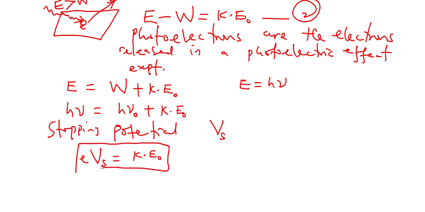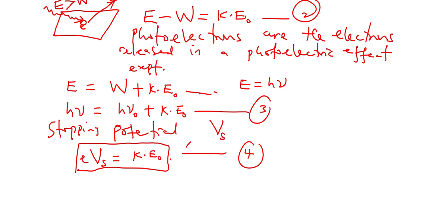So the stopping potential, the potential that you need to stop the photoelectrons, is equivalent to the maximum kinetic energy of the photoelectron. Let me call this equation 3 and let me call this equation 4. So please keep these equations. We can say this is equation 2 star or 2b.